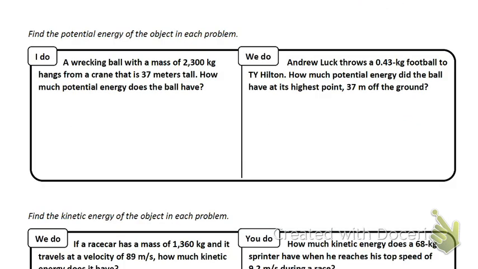So this first set is for potential energy. The formula is mass times gravity times height. Gravity always equals 9.8.